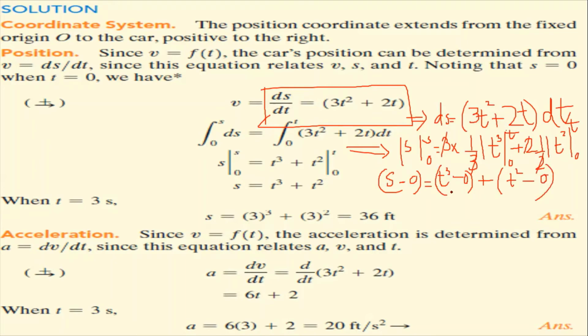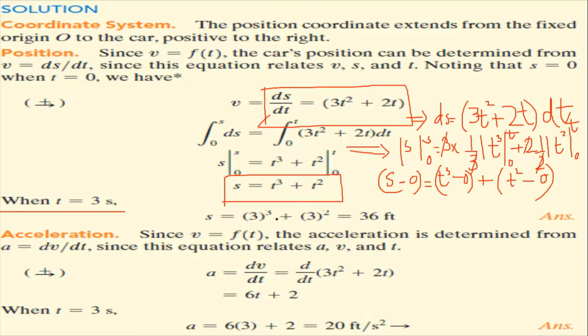So s equals t cube plus t square. So this will be the equation. So we get the equation of position. Now we will put the value of time, and time is given as 3 seconds in the question. So we have to find the distance or the position at 3 seconds. So we will put 3 instead of t. So we will get the position 36 feet.